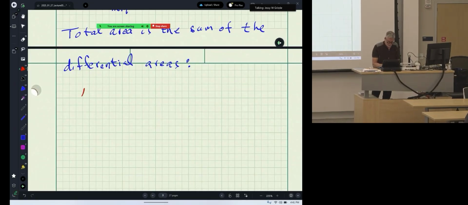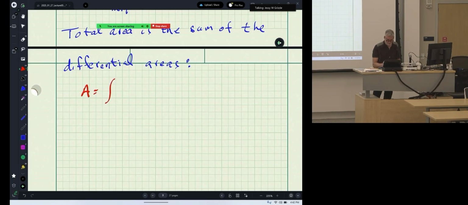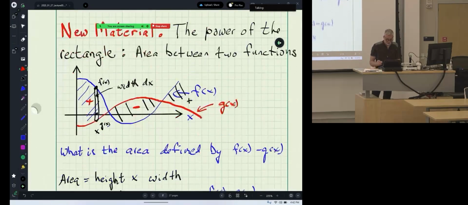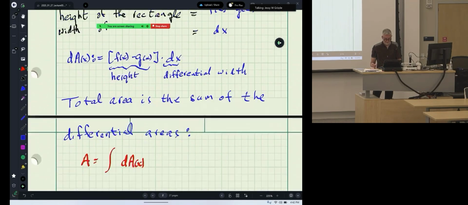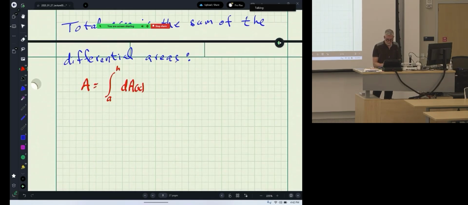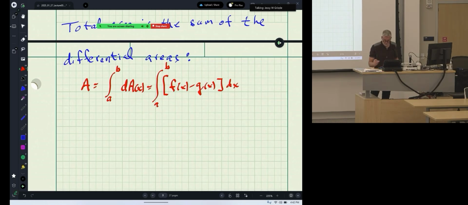All right, so we want area is going to be a sum of dA of x, from A to B, and then, whoops, need my integral, need my sum sign, sum f of x minus g of x dx from A to B.